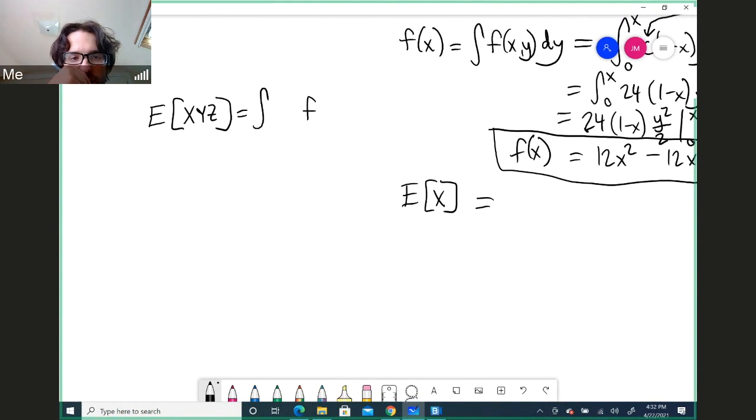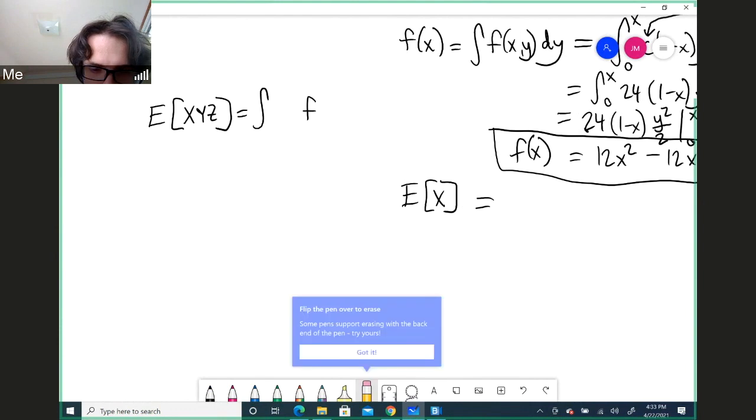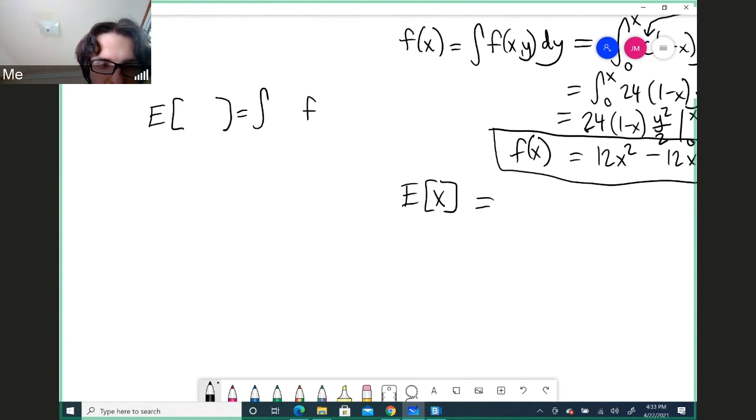Actually, maybe this isn't a very good example, let me give a better one to not confuse you guys. Sorry. Let's say we did E of 3x, then we put that 3x into the integral, and we still have f of x like that. So that's if we had E of 3x.